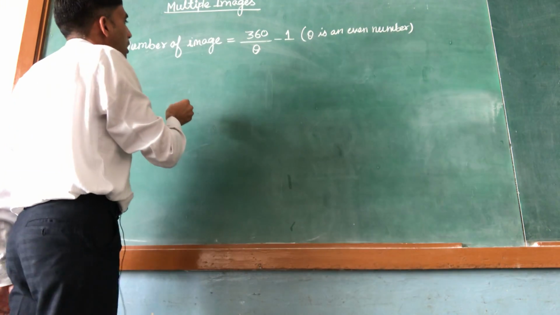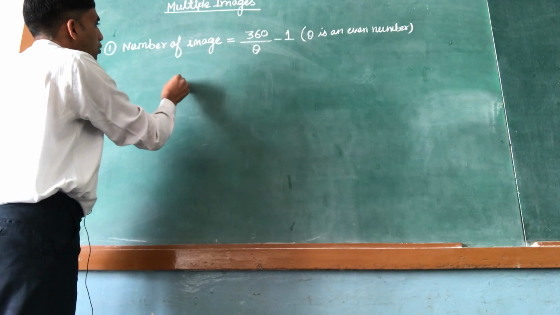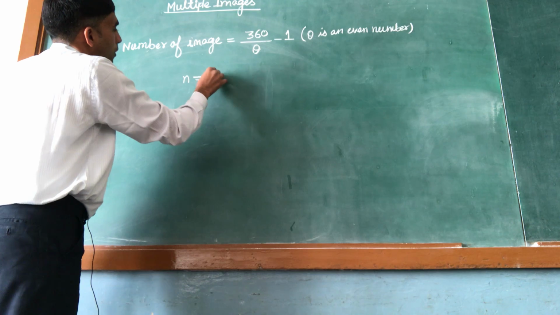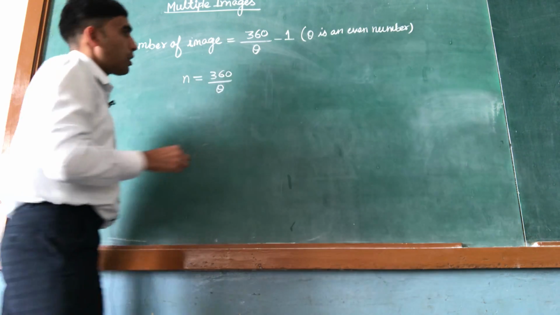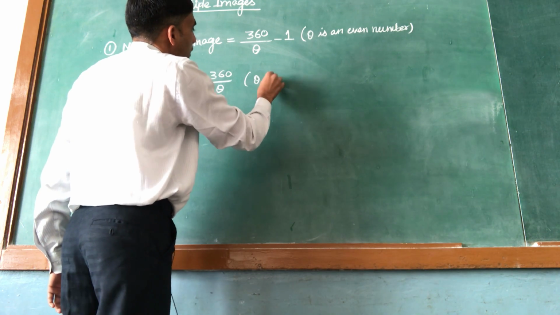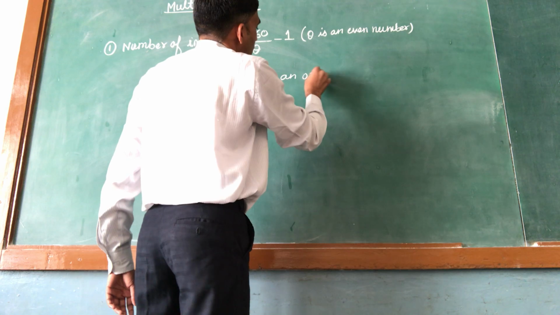Second, the number of images, represented by n, is equal to 360 upon theta. This formula is applicable when theta is an odd number.